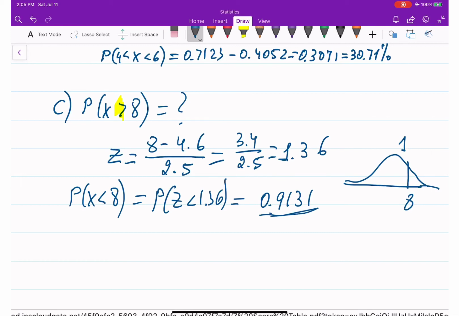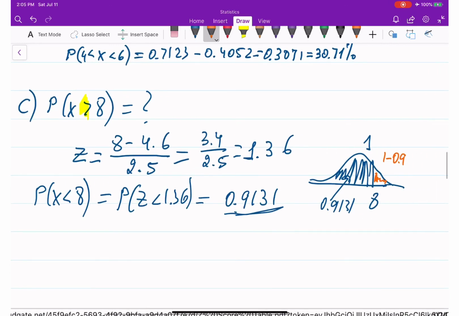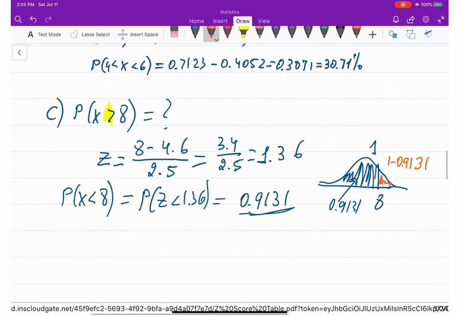So if this area is 0.9131, then greater than, it's going to be 1 minus 0.9131. Okay, so we get 1, probability of x is greater than 8. It's going to be 1 minus 0.9131, and that is equal.